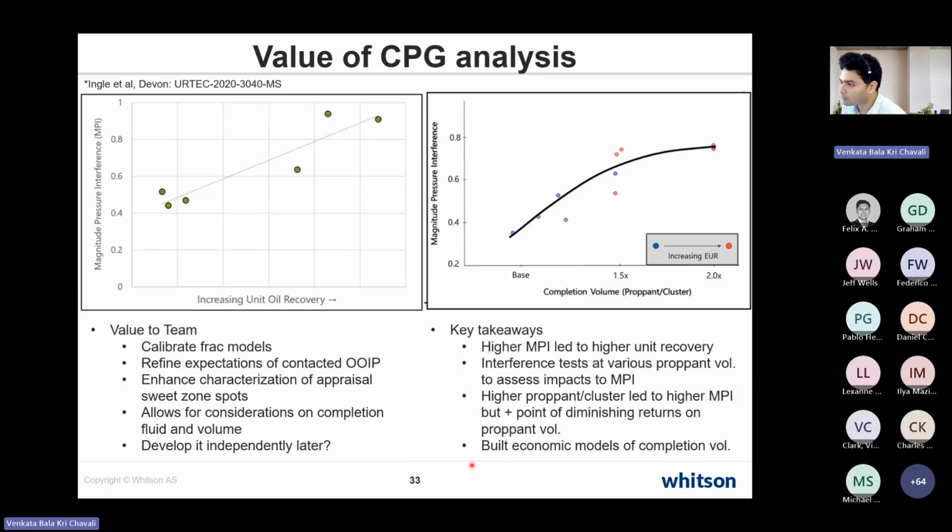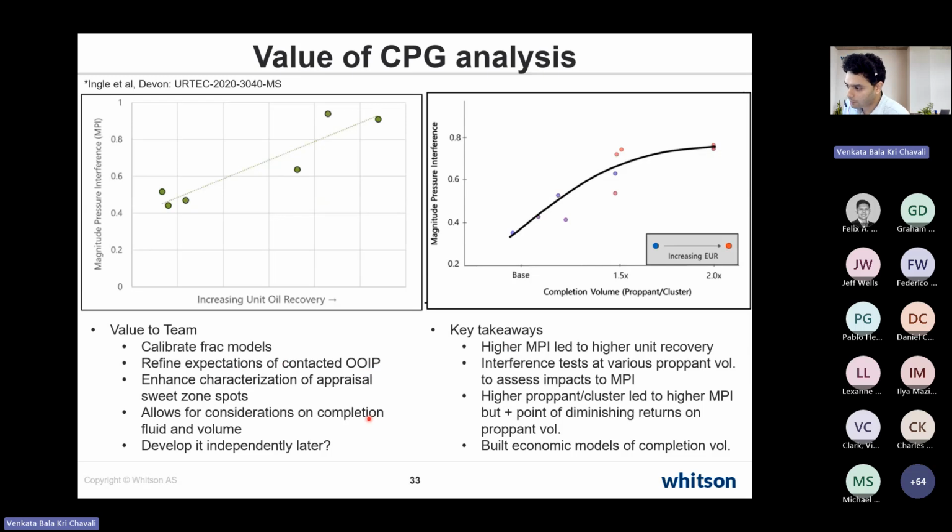There probably isn't, but once you start looking at a lot of these well pairs, and you start plotting those well pairs as a function of different measurable outcomes like the oil recovery, EURs, and completion volume that you pumped into it, you start to see a picture. Effectively, it adds value in terms of calibrating frac models.